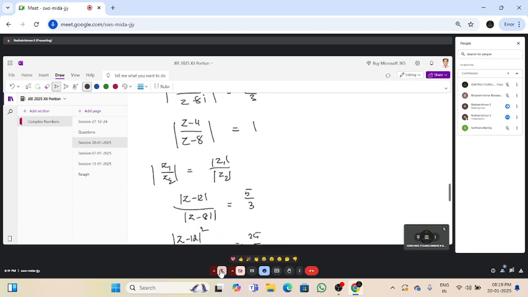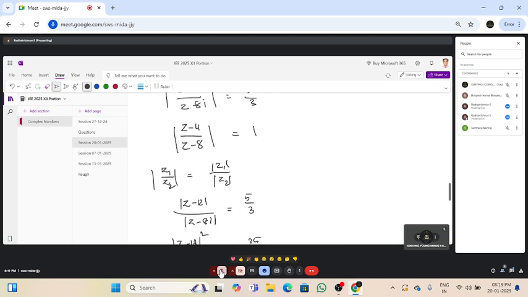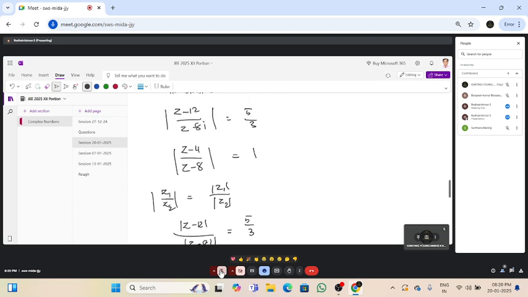By that substitution of mod square equal to this one, that is not helping us much.